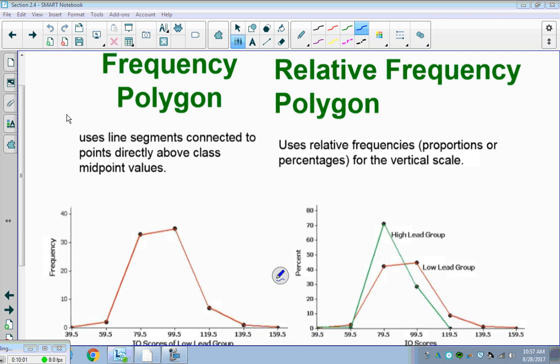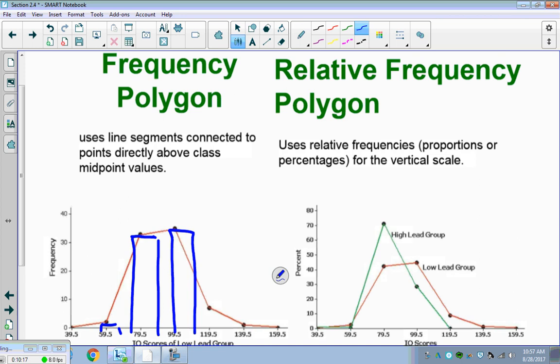This is a midpoint of a class. So you would have a bar like this, so it's easier to do the histogram or bar graph first and then put the point right in the center and connect them. Same thing with relative frequency. Of course, relative frequency is then percents of those.